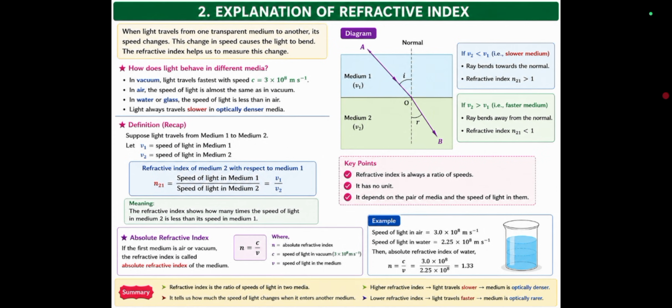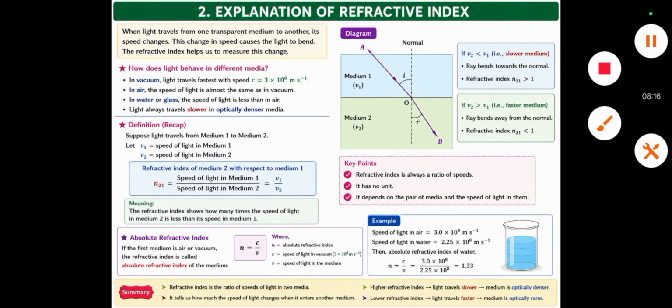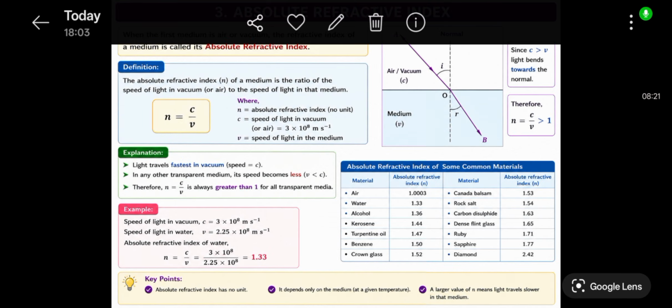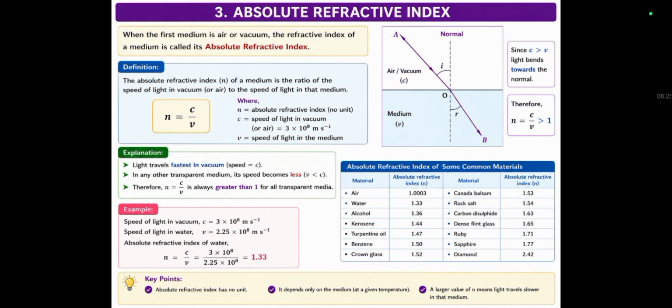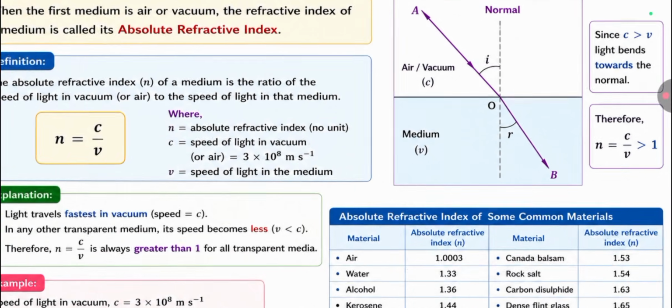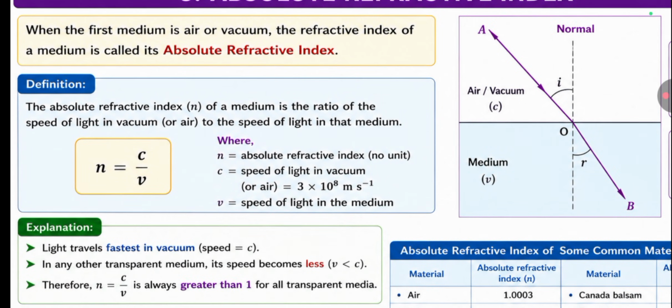Now let us learn something more about absolute refractive index. We already know the definition. When the first medium is air or vacuum, the refractive index of the medium is called absolute refractive index.